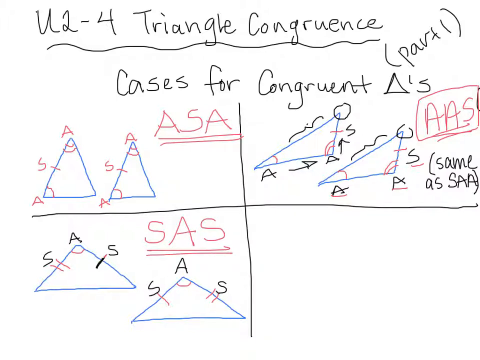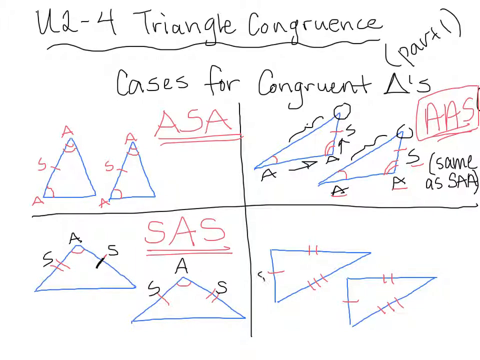That's the third case for congruent triangles: if you have a side, angle, and then a side. So those two triangles have to be identical if those two side lengths are the same and the angle in between them. And the final case is this. I'm going to make these two triangles and label them with all three sides marked congruent like this.